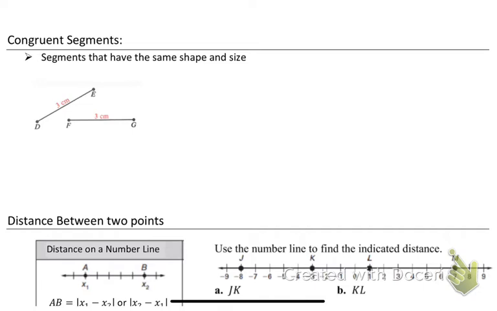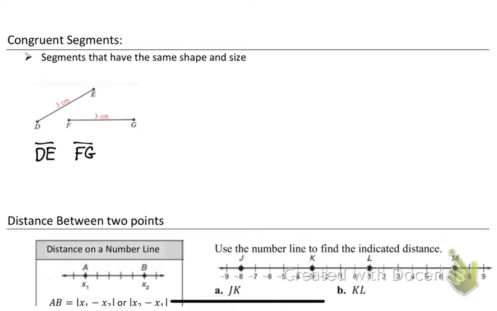But here's one thing we can do. We can go ahead and say that segment DE is congruent to FG. Now I want to use the word congruent. They're not equal, they're congruent because it means they're the same shape and same size.